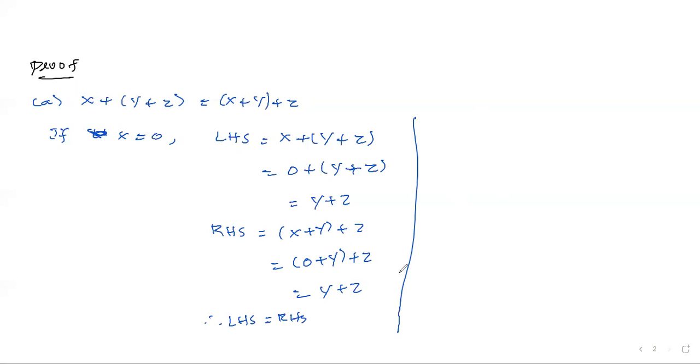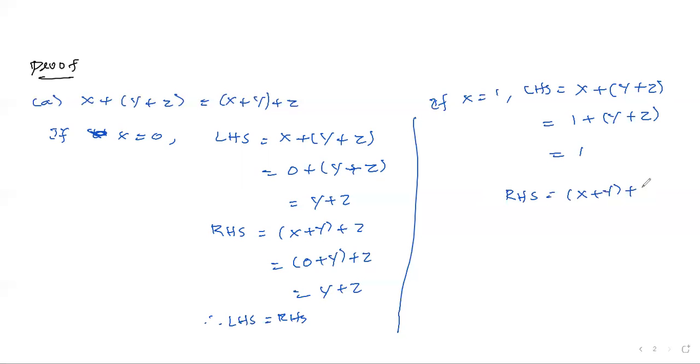And if x is equal to 1, taking LHS, x or y or z, 1 or y or z will be considered as 1. And RHS, if we take x or y or z, 1 or y, 1 or z, that will be 1.